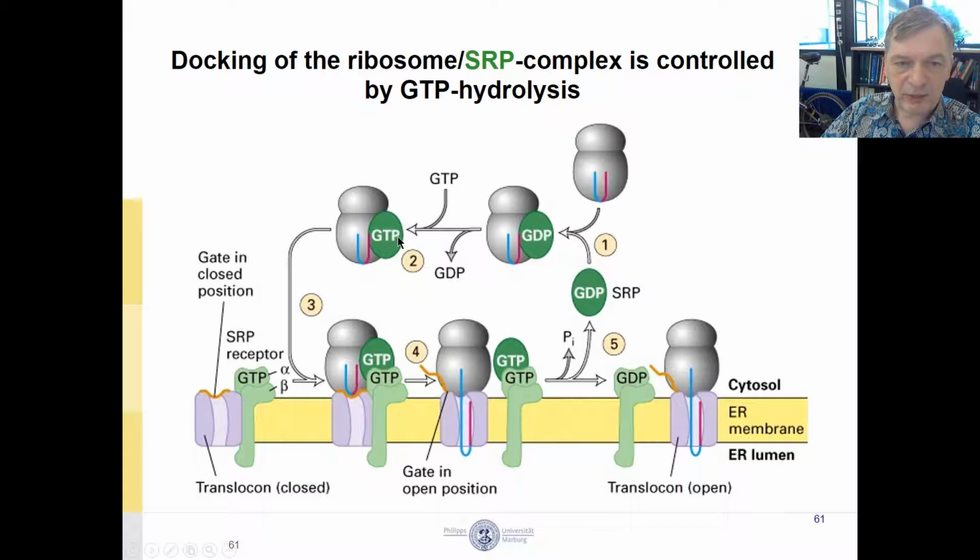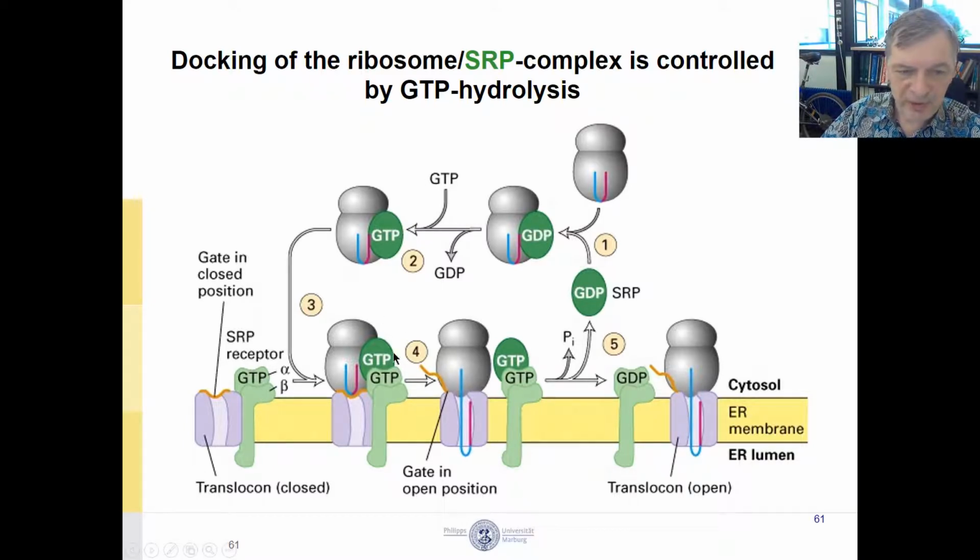This complex then gets translocated to the signal recognition particle receptor, which forms a complex with a channel called the translocon, in the closed state. This signal recognition particle receptor itself has a subunit that is a small G protein, bound in the GTP-bound form.